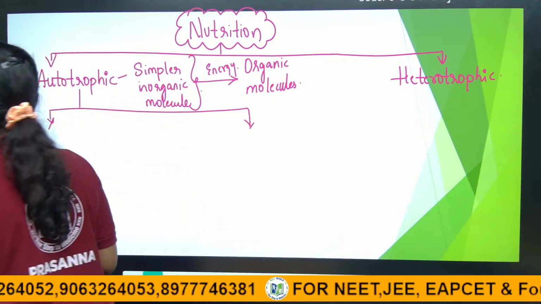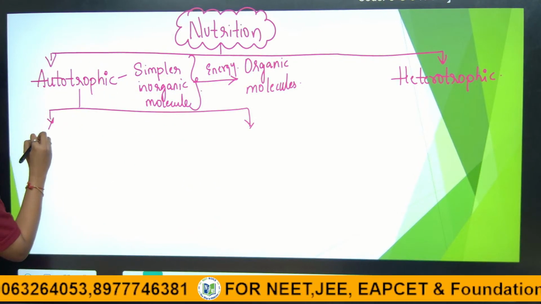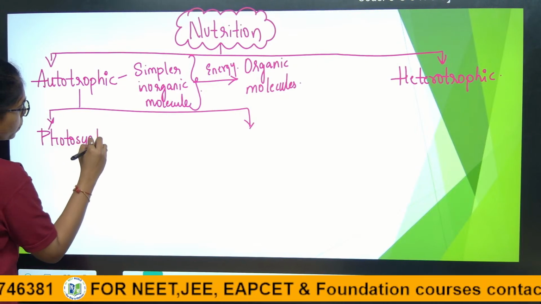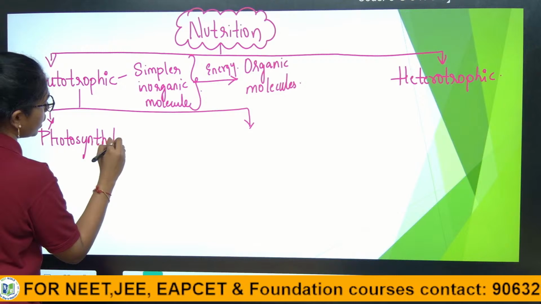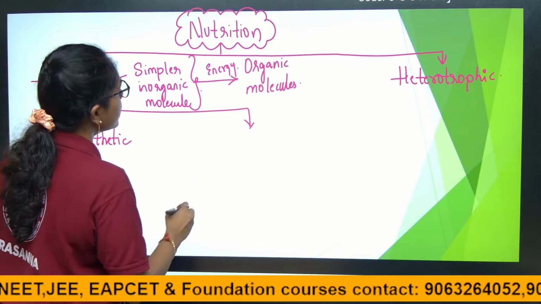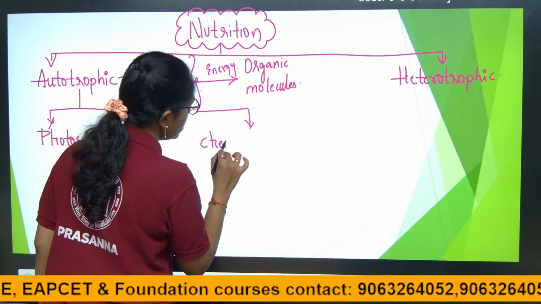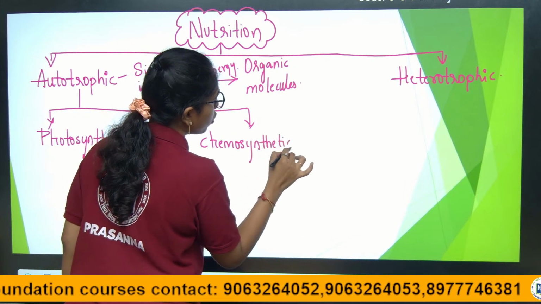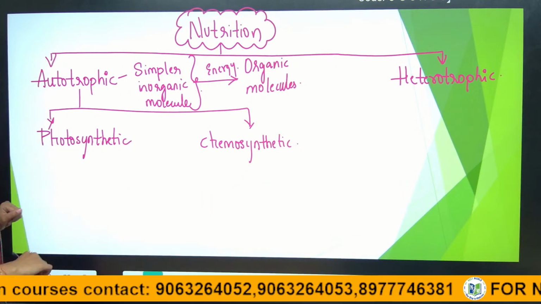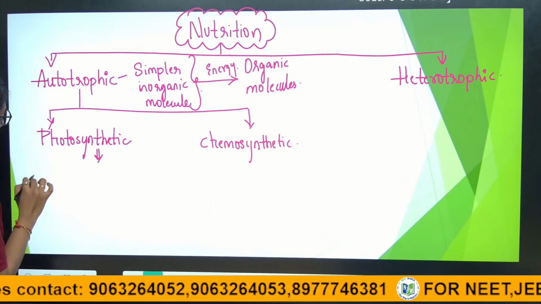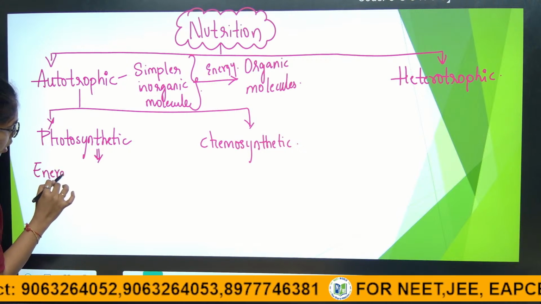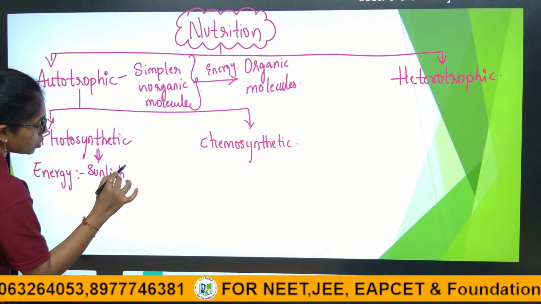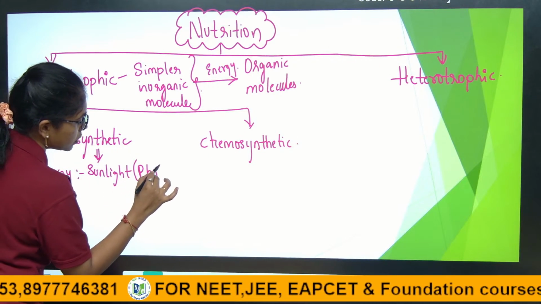As such, we have two types of autotrophic nutrition: one is photosynthetic and the other is chemosynthetic. In the photosynthetic autotrophic mode of nutrition, the energy utilized is sunlight, used in the form of photons.